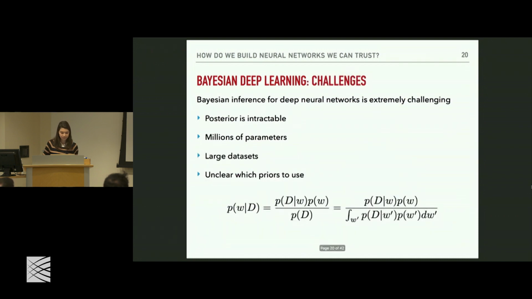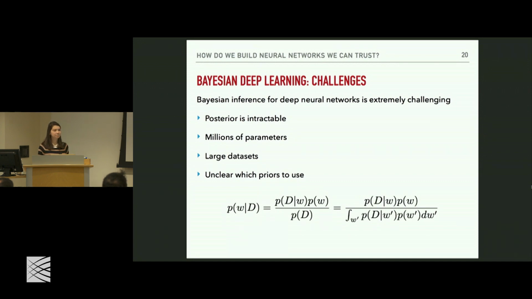But the challenge here is that usually modern neural network architectures have millions of parameters, and in the posterior distribution formula we have this normalization constant. If W is million dimensional, we cannot tractably compute this integral because of the complicated nature of the neural network function, and also we cannot numerically approximate it.